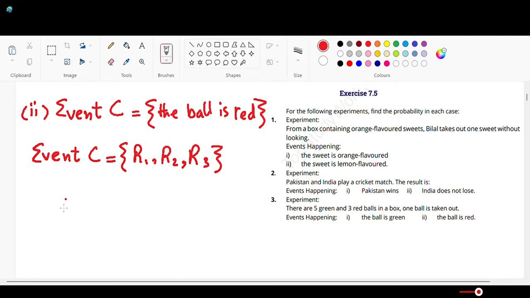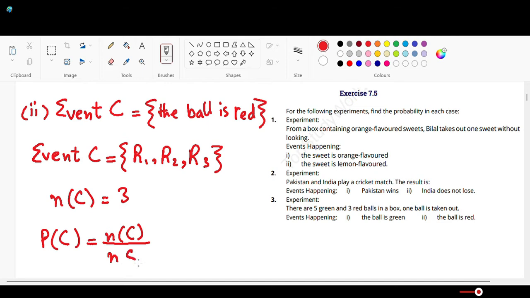So the number of elements in C will be 3, right? Because there are 3 red balls. To get P of C, the probability of C, we divide the number of elements in C by the number of elements in the sample space, which is 3/8 in this case.